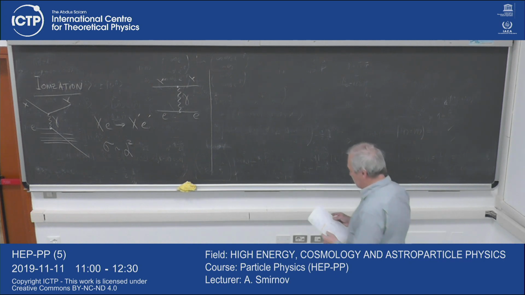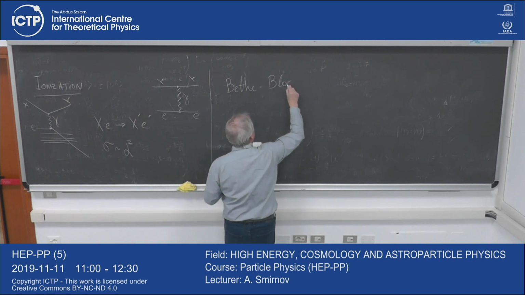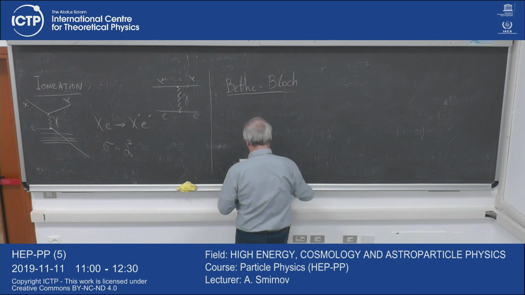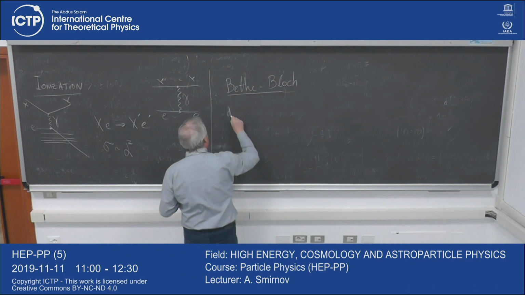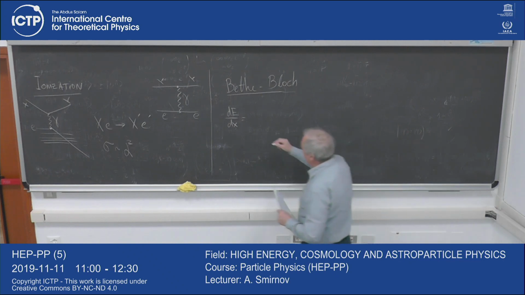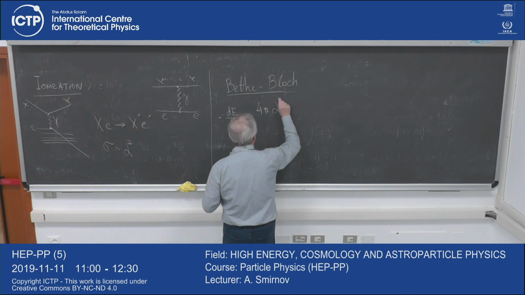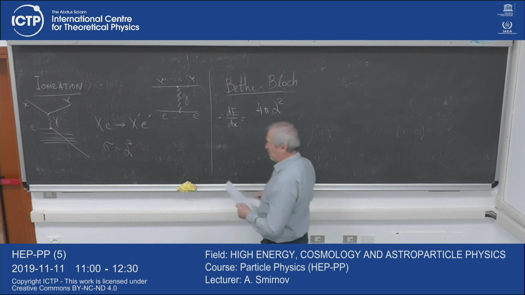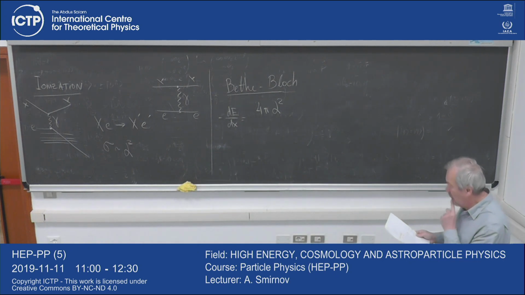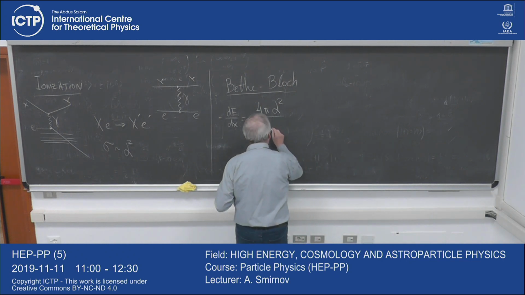It's the Bethe-Bloch formula. dE over dx, the energy loss per unit of length, so there is a minus sign here, is 4 pi alpha squared. The alpha squared comes from our counting, this is a second order process, over the mass of the electron.